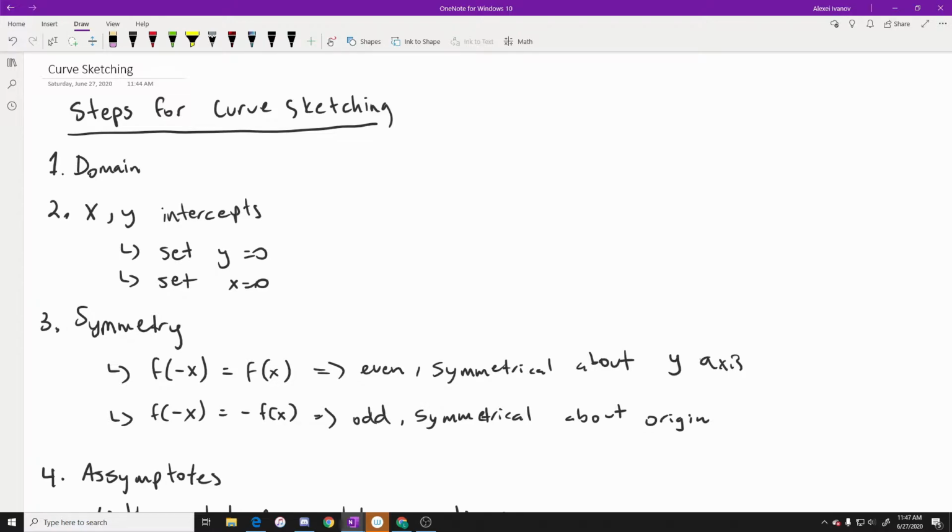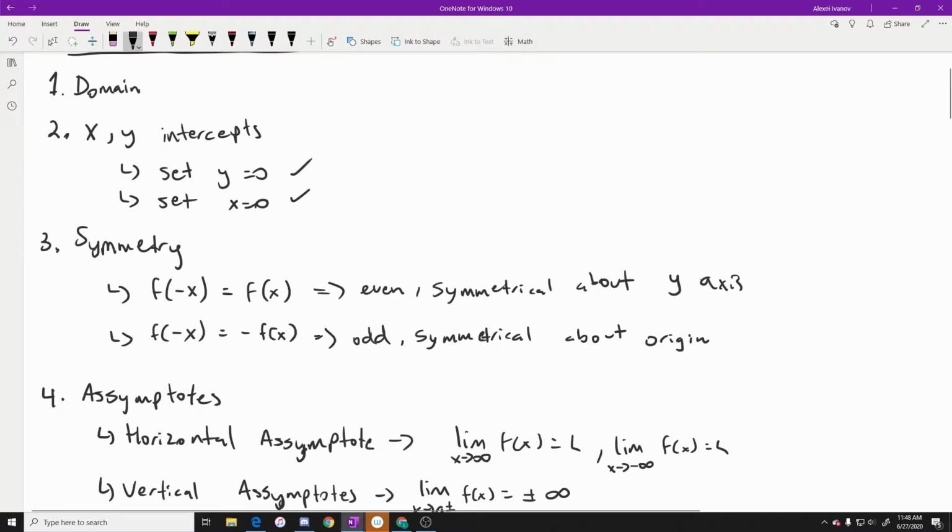Next, we're going to check the x and y intercepts of the function, and we can do so by setting y equal to 0 and then x equal to 0. So we check where the function intersects the x-axis and where it intersects the y-axis. Next, we're going to check for symmetry. Although this is a rare case, sometimes it's pretty obvious when a function is symmetrical.